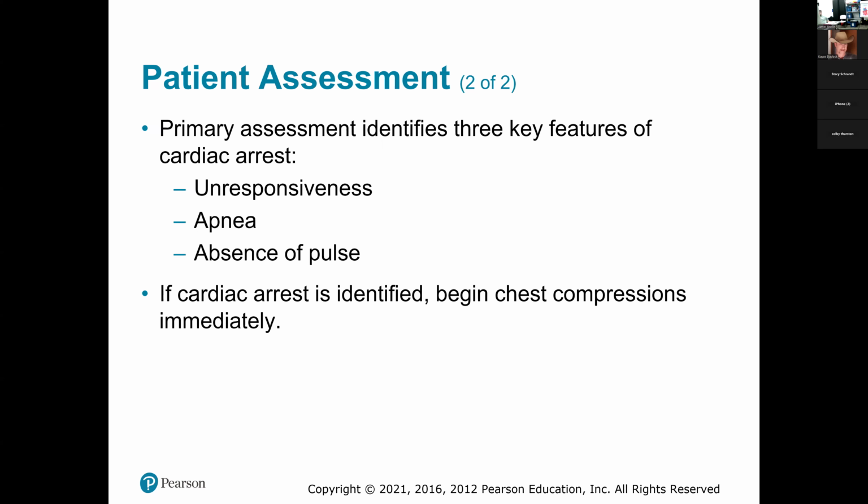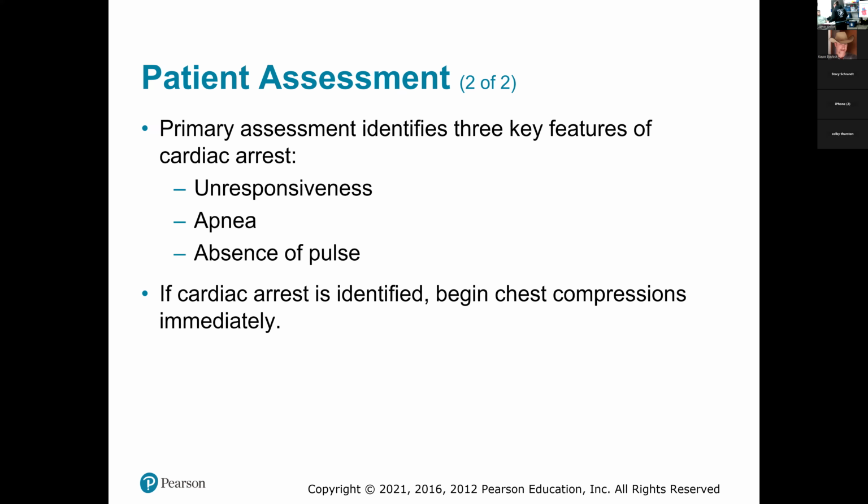So once you press, there's numbers down here on the bottom. It says 1, 2, 3. Okay. Once you press analyze, it's going to tell you to attach pads. Once you attach pads, it's going to read the rhythm.